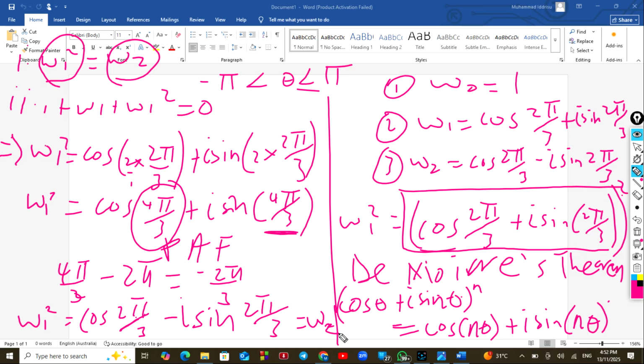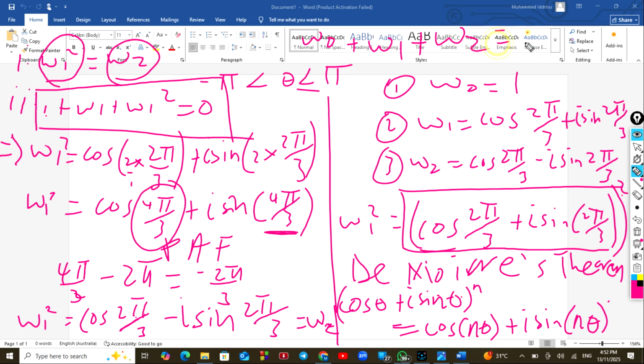So now let's check the final part of our question, which is if we add all the roots, because this one here represents W0, so W0 plus W1 plus W2, we should get 0. W2 is the same as W1 square.